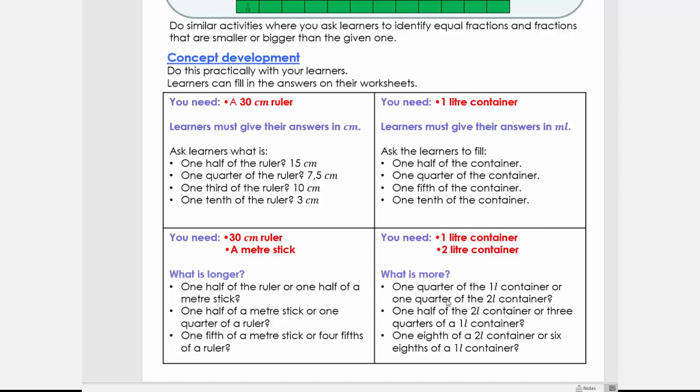Okay, welcome back. So what we're going to do is these practical activities. For these practical activities, they need a 30 centimeter ruler, a meter stick, a 1 liter container, and a 2 liter container.